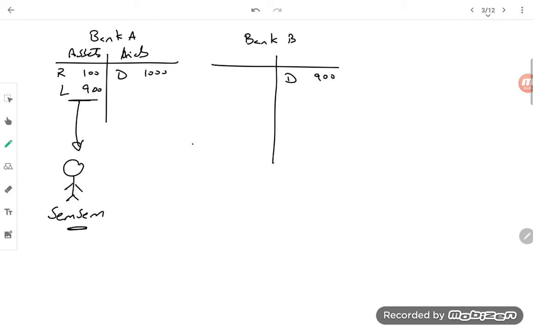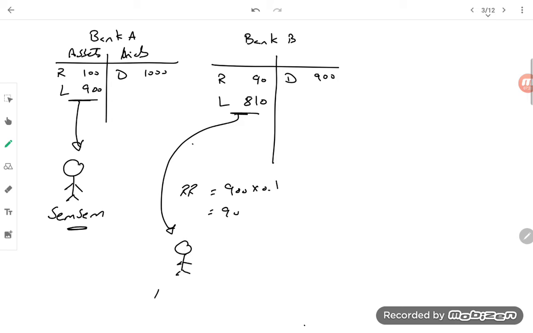So Samson is going to deposit 900 in Bank B. Bank B is going to keep required reserves of 900 multiplied by 10%, so it is 90. And the remaining part, which is loans, will be 810. 810 is the loan taken by Ruru.